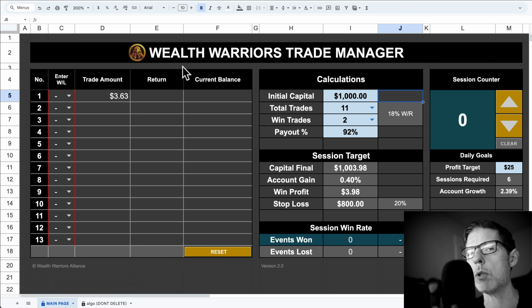But whatever you do, before you start trading with binary options especially, you must have some type of money management going on. If you're not using the Wealth Warriors Trade Manager, have some type of management in place. If you're using Martingale, then great, although Martingale is pretty risky.